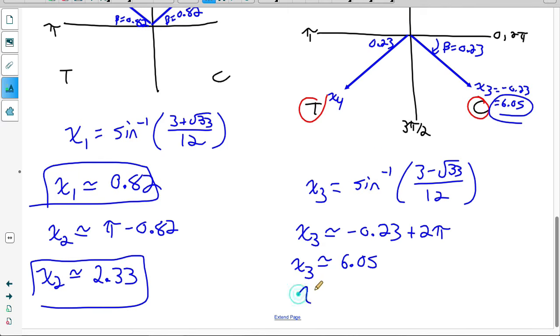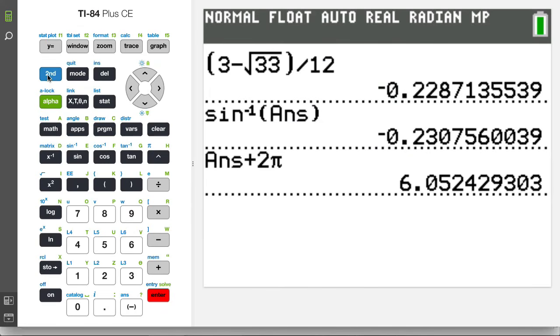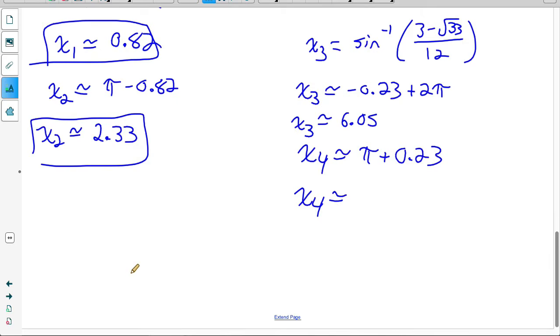So angle 4 is equal to pi plus 0.23, right? Plus that reference angle. So angle 4 is about pi plus 0.23, I'm going to get 3.37. So it's about 3.37 radians.